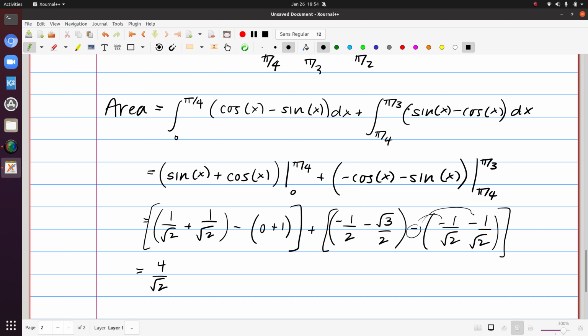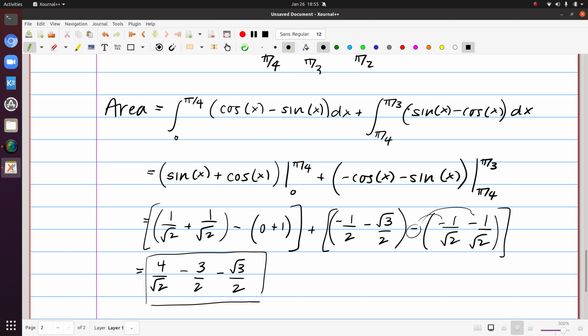And then collecting what's left, I have a negative 1/2 and a negative 1. So we're going to have minus 3/2 and minus square root of 3 over 2. So this is going to be the area that we end up with here.